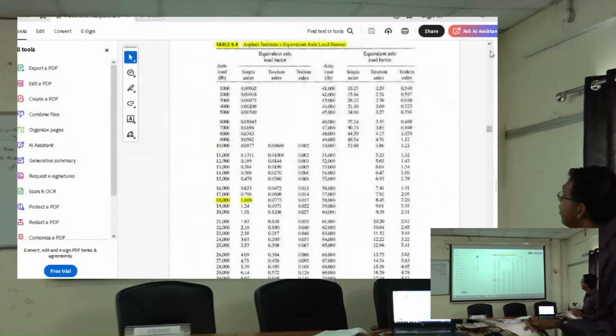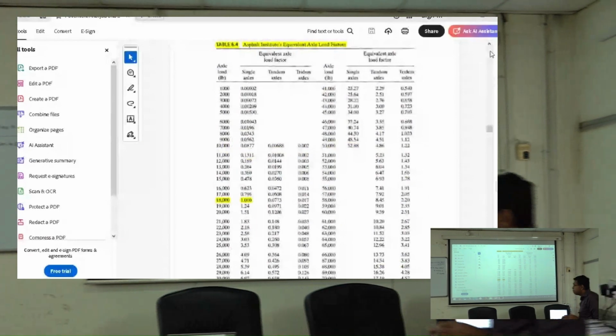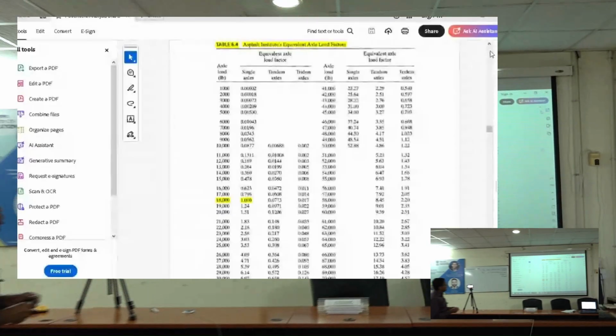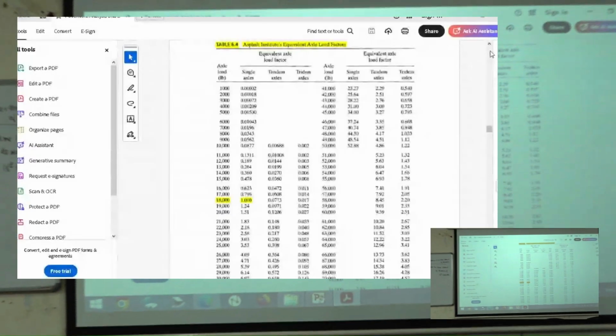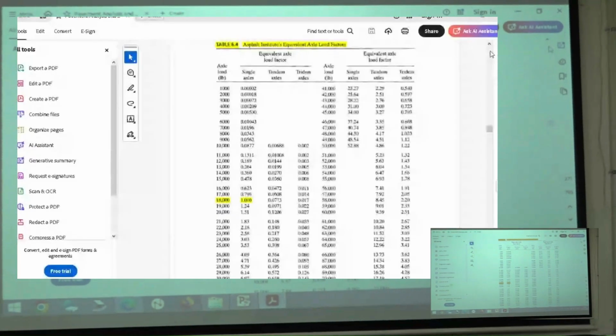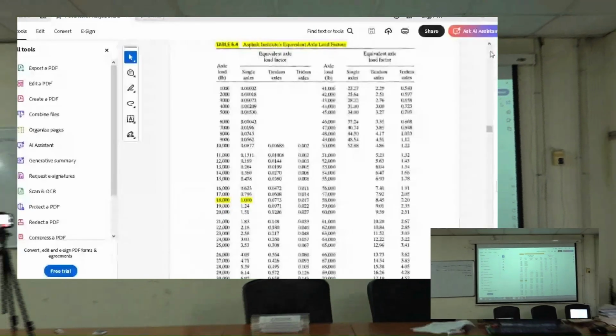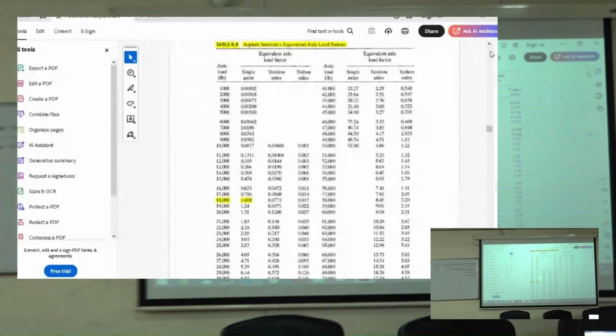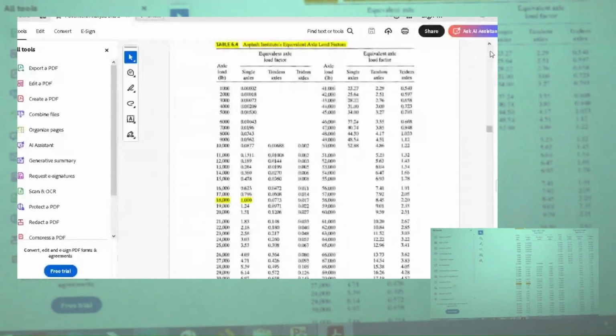Okay. Right here, I want you to look at this table. Equivalent axle load factor. I'll explain this table in excruciating detail so you can understand this concept. Right here, 18 kip single axle will always be 1. That's the normalization by default.